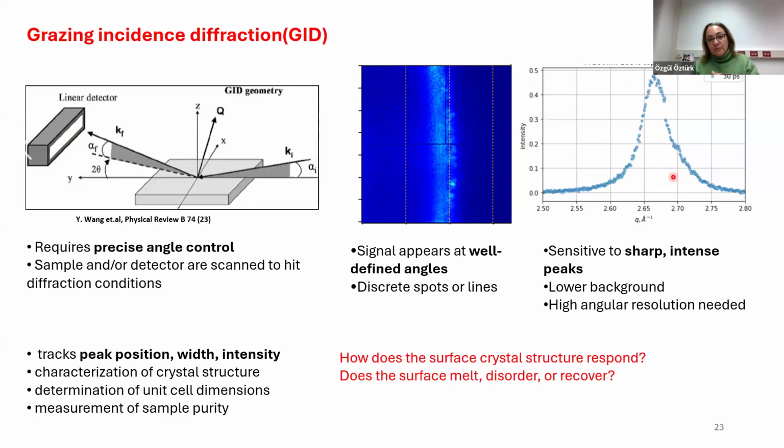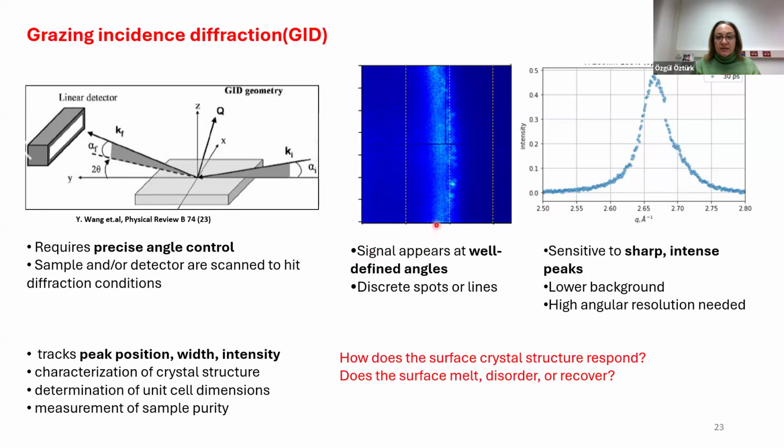Then when you analyze this diffraction pattern, you can see the sharp, intense peaks, this peak, this line, and you have a lower background and a high angular resolution. This way, you can track the peak position, width, and intensity.